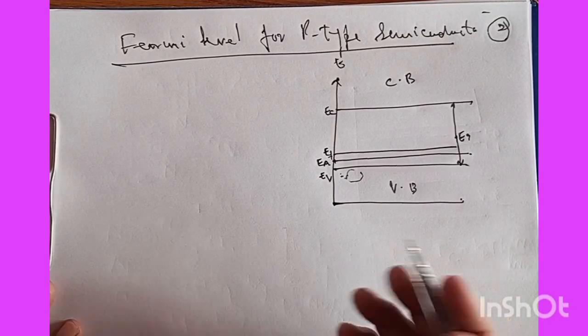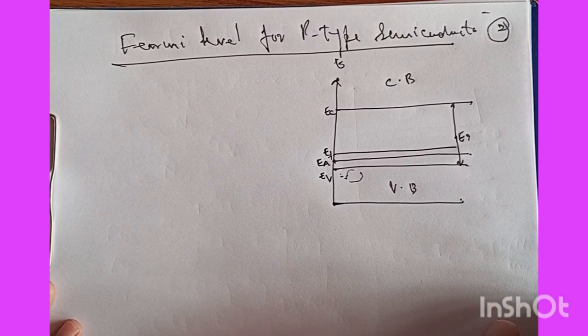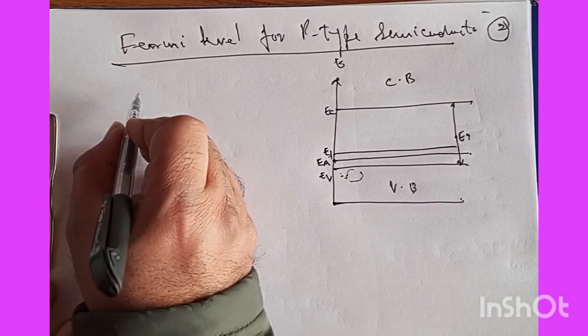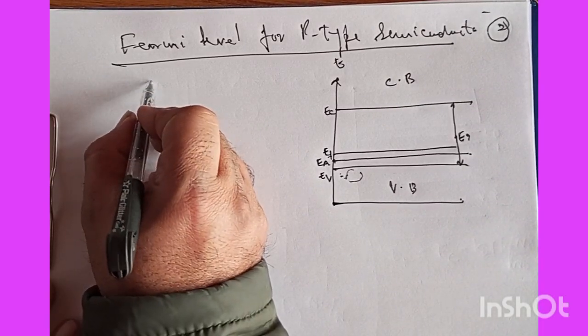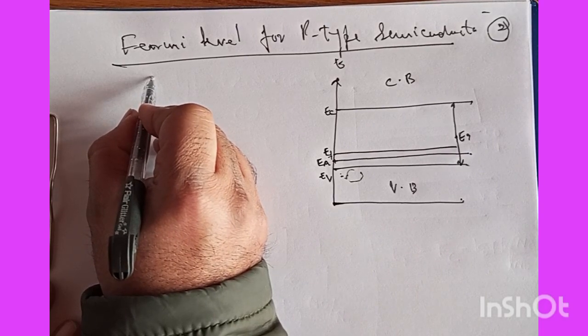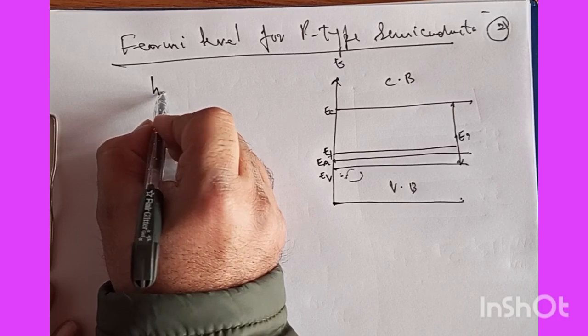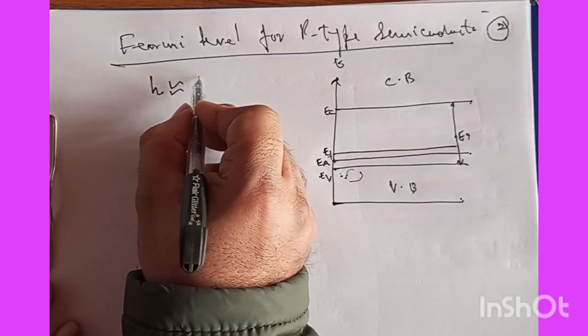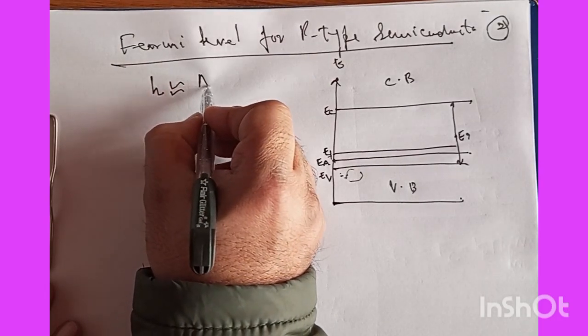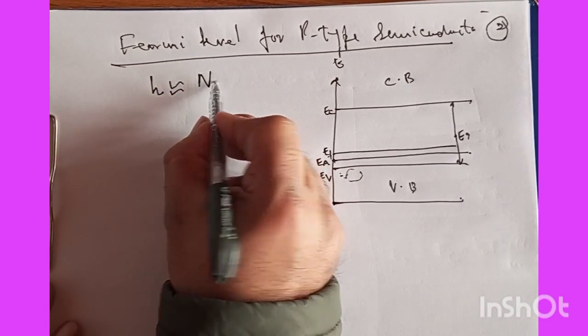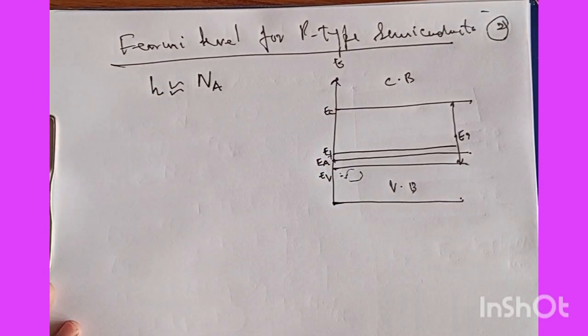Right? Now, if we have to go with the same analysis here, we can think of holes. Suppose we have H holes. So these H holes will be nearly equal to the number density of the acceptor level. That will be the case.